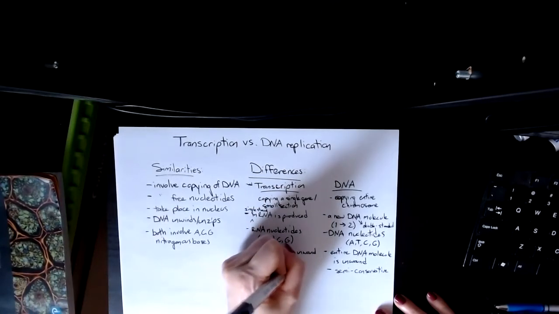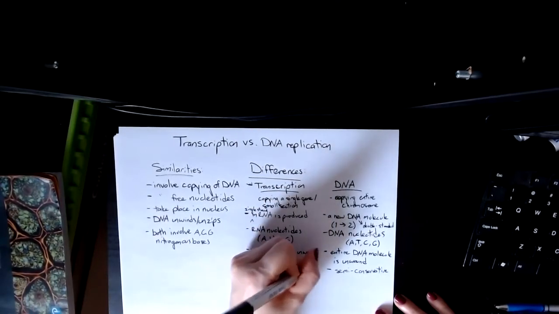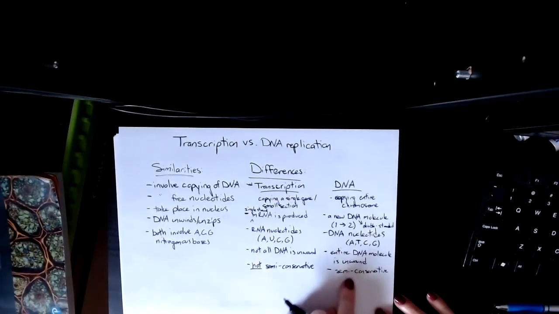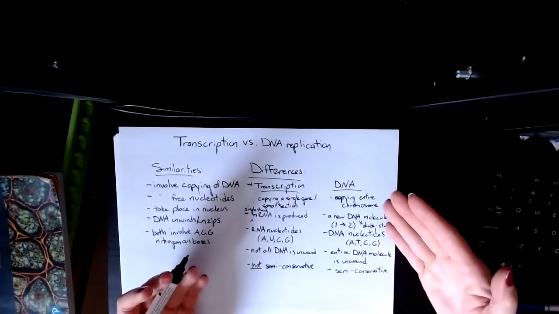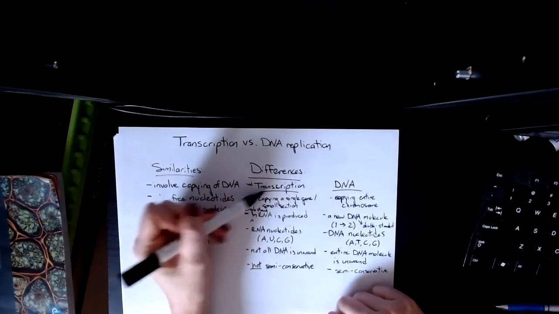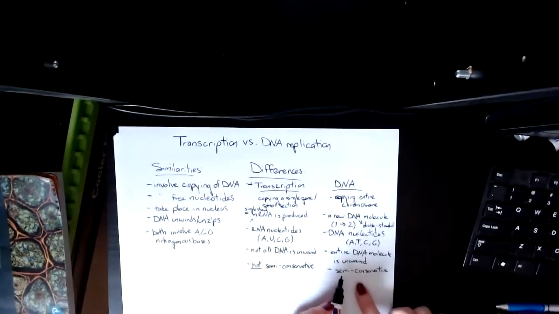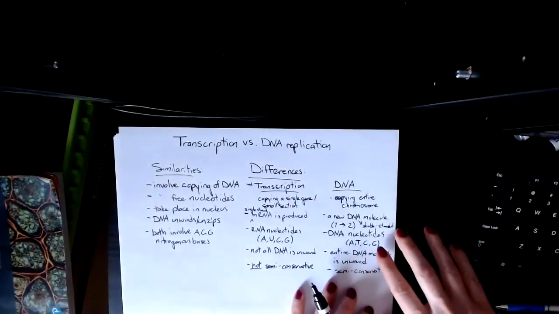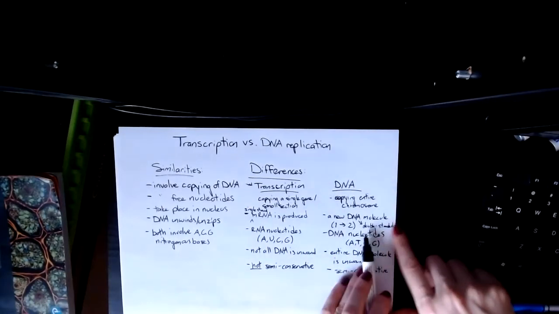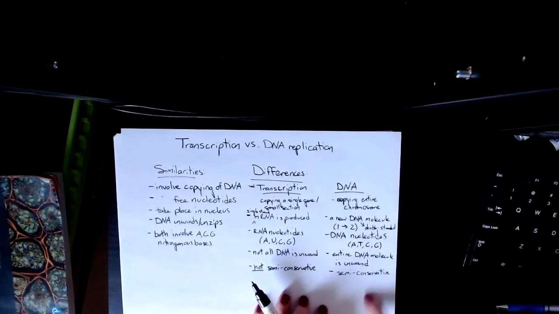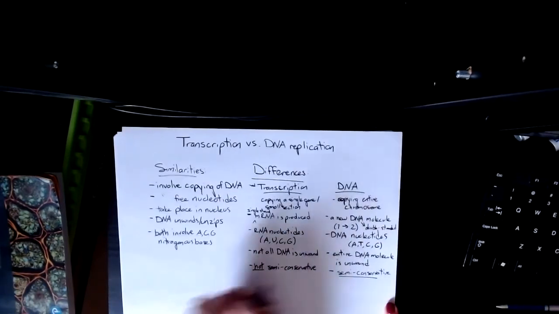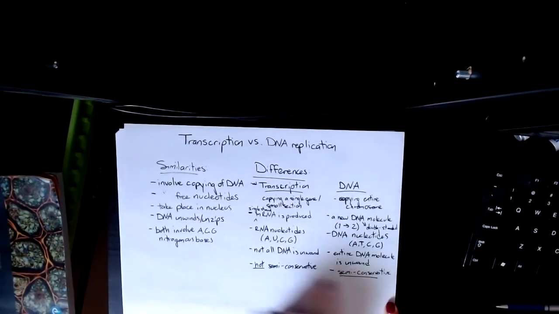Because you're only copying a small part of it, it doesn't count as semi-conservative, whereas replication is semi-conservative because you have a full new strand and a full old strand. Just the term itself can often be worth a point, and you don't have to necessarily say what transcription is. You can just say it is not semi-conservative.